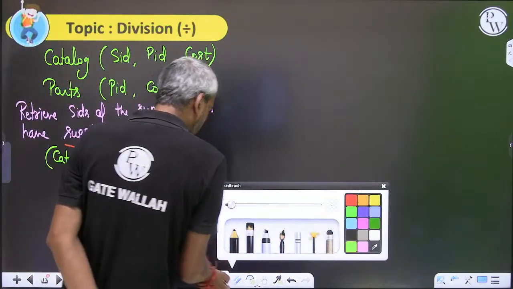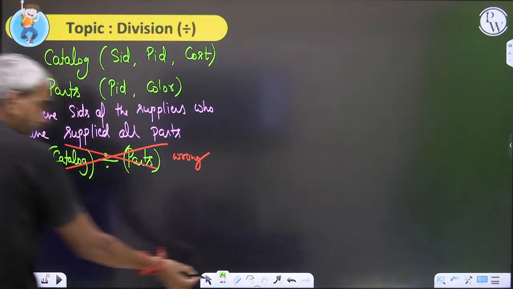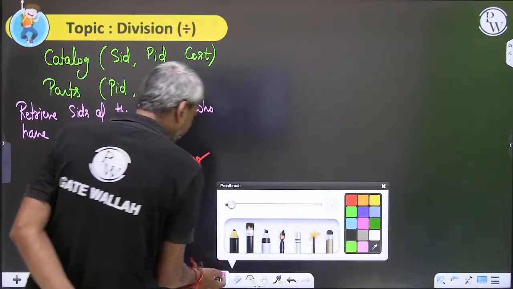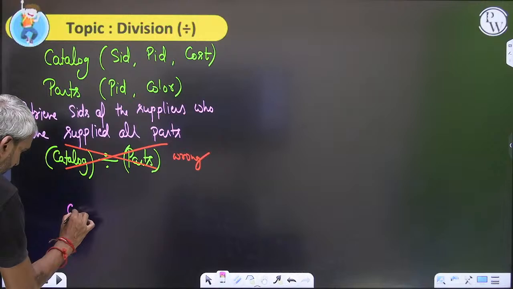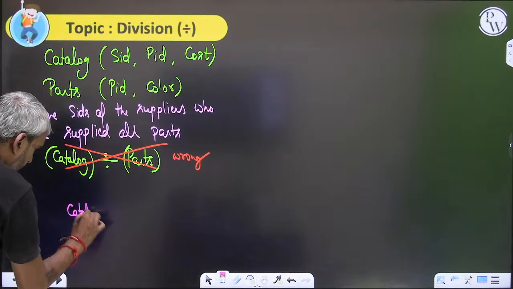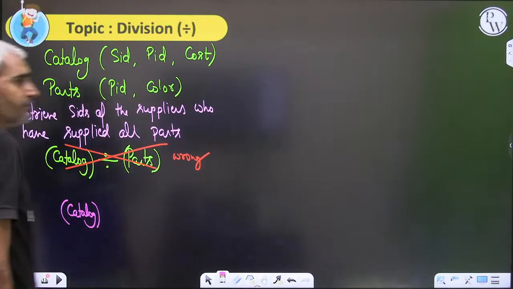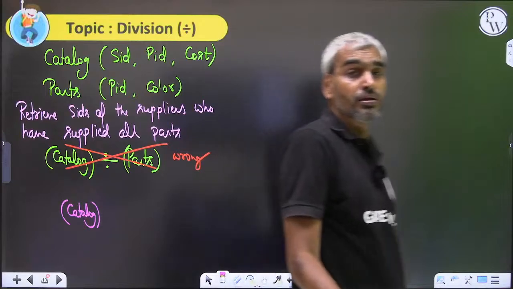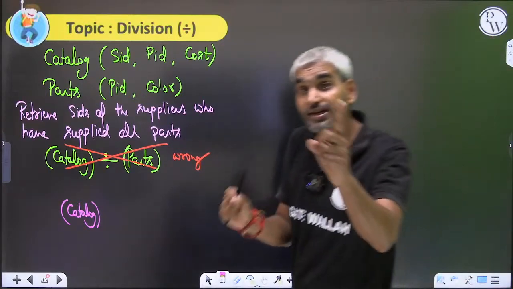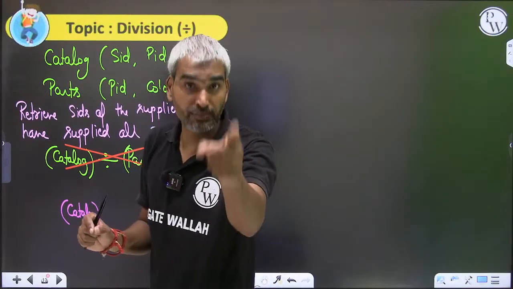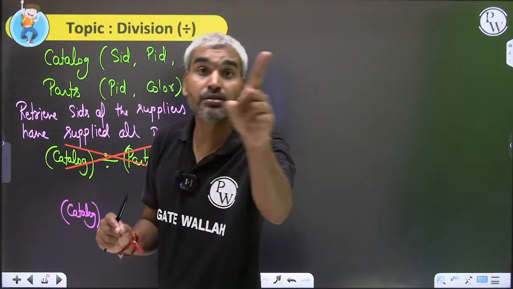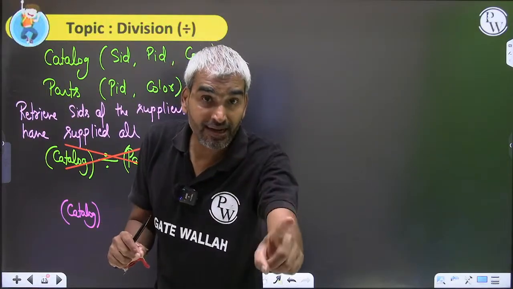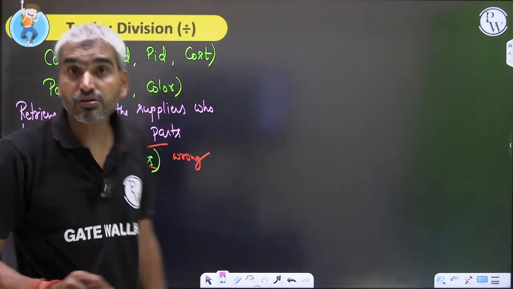Clear? So in order to get this information, you must write what are the informations which are needed from the catalog table. So what are we looking at? We are looking at the SIDs which are associated with what? PIDs of all parts.